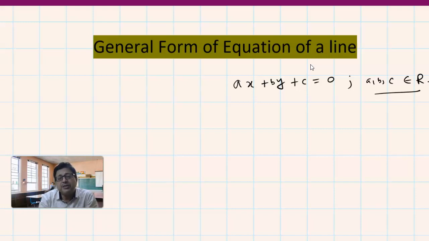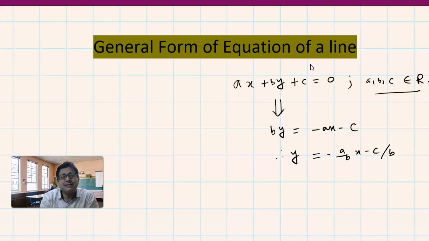This line we can always express in various forms of the equation of a line. Let us express this one in slope intercept form first. How do we express it in slope intercept form? This is going to be by equal to minus ax minus c. So y equal to minus a by b x minus c by b. Let us remember the gradient form.